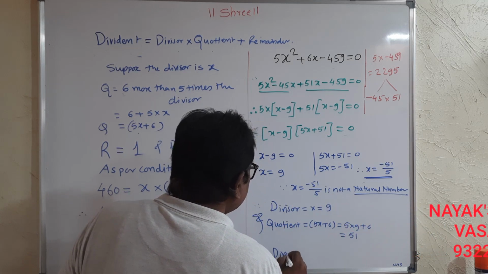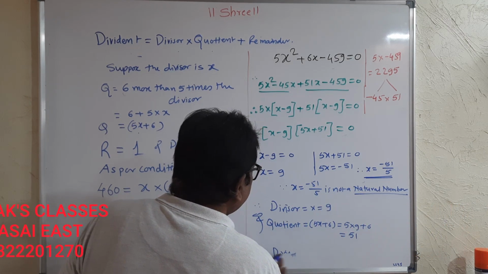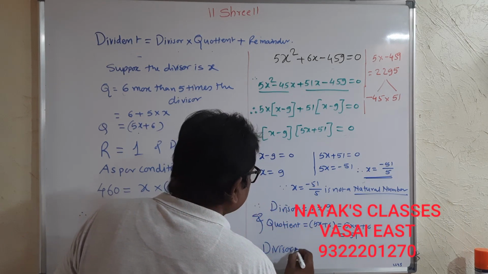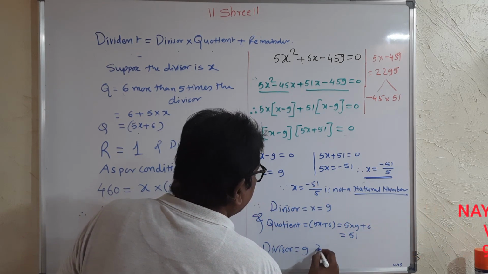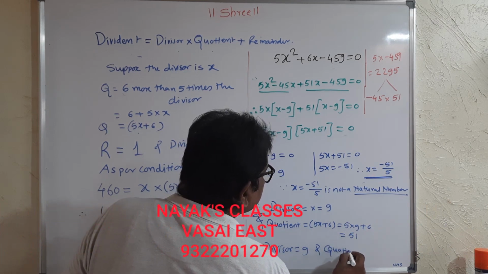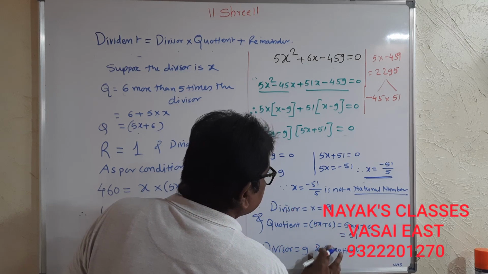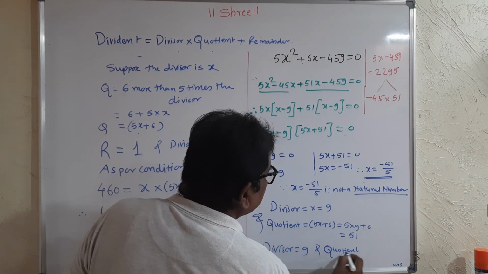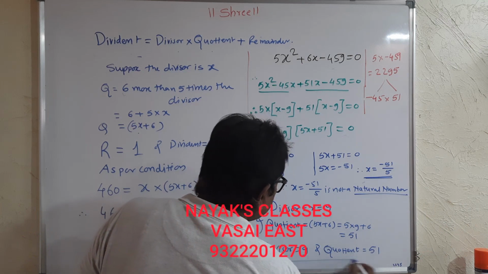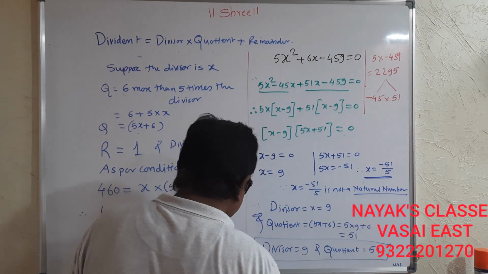So divisor is equal to 9 and quotient is equal to 51. This is the final answer.